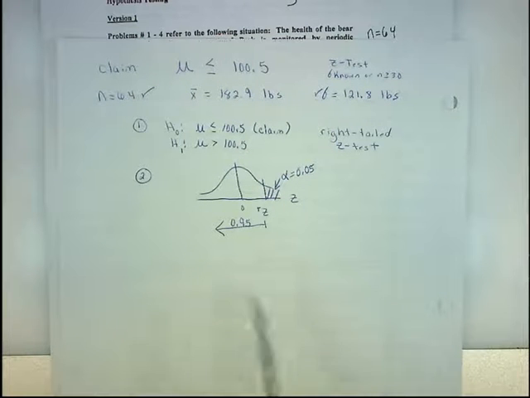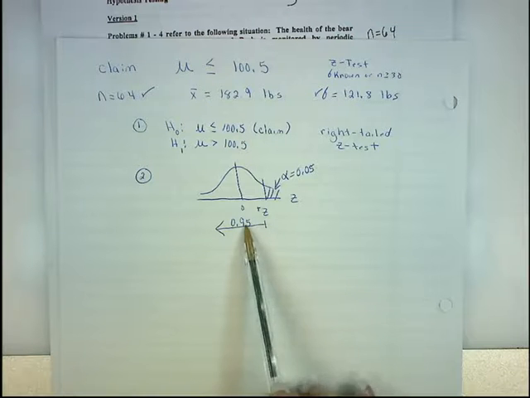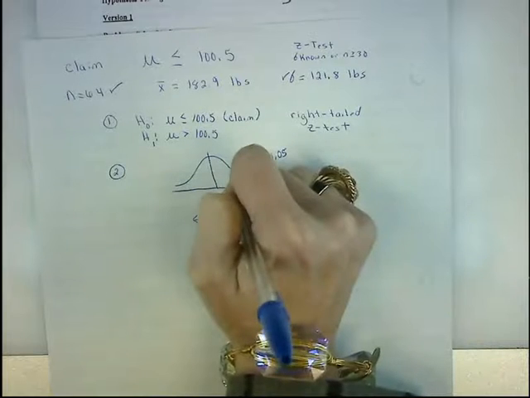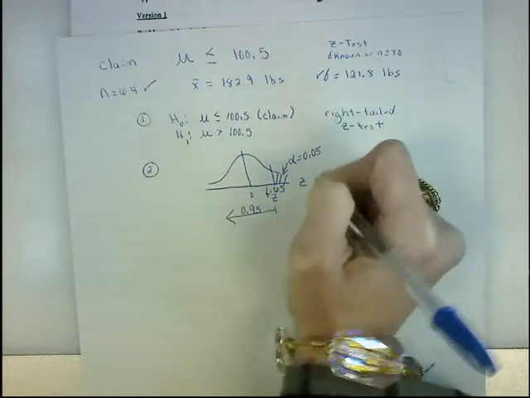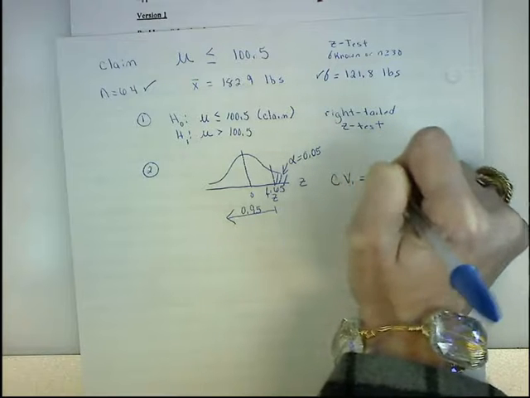If you look up that area in the 2-page z-table, you will see that it falls halfway between two areas. And the textbook says to go with the larger z-score that's going to give you the larger absolute value. And that will be 1.65. Therefore, your critical value is a positive 1.65.